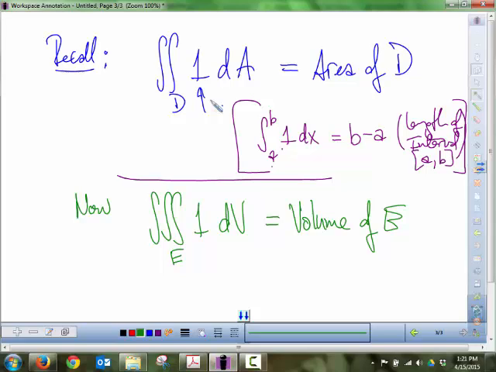We have a plate, and then it has a different density at each point on the plate. And so we would find the mass by doing a double integral. That's always going to equal 1, whether you're in 1 dimension, 2, or 3 dimensions.